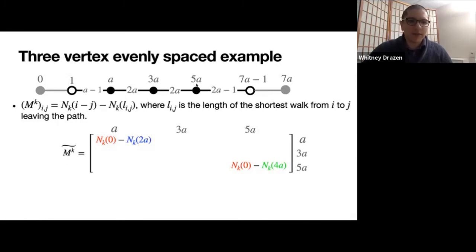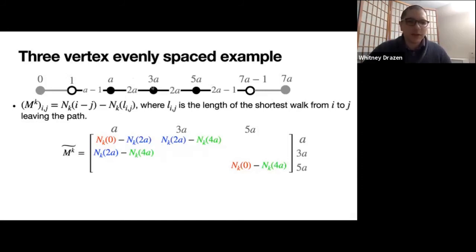And we can do the same thing for our other entries. Between a and 3a, the distance is 2a, so the total number of walks on the lattice would depend upon 2a, but the walks that leave the path are counted by a binomial coefficient that depends on 4a, since the shortest walk leaving the path from a to 3a goes first to 0 and then to 3a, so that's length 4a.